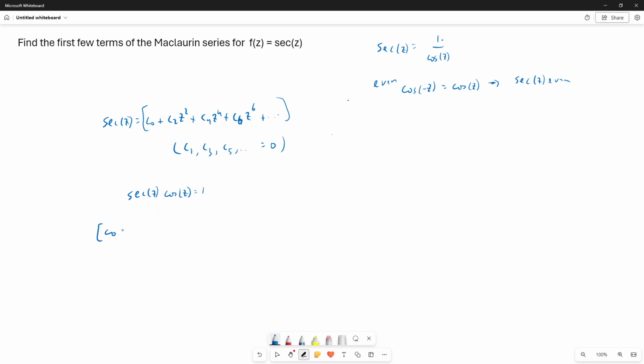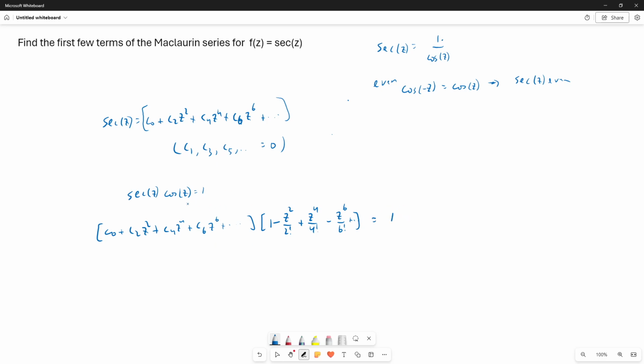So C0 plus C2z squared plus C4z to the 4th plus C6z to the 6th, etc., times the cosine of z, which is 1 minus z squared over 2 factorial plus z to the 4th over 4 factorial minus z to the 6 over 6 factorial, etc., is equal to 1.